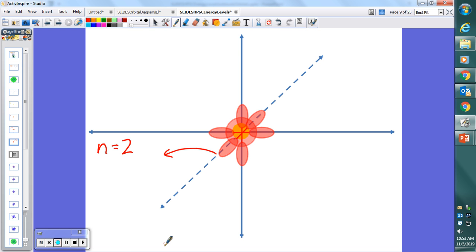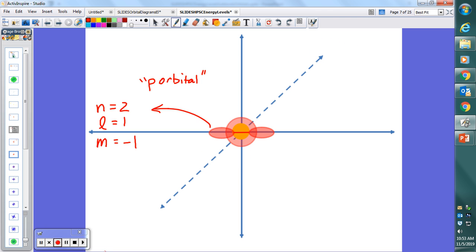It's a p orbital, so what does that mean about its angular momentum quantum number? 1. But if we look at the previous 2 p orbitals, this one we gave the magnetic quantum number m a value of negative 1.